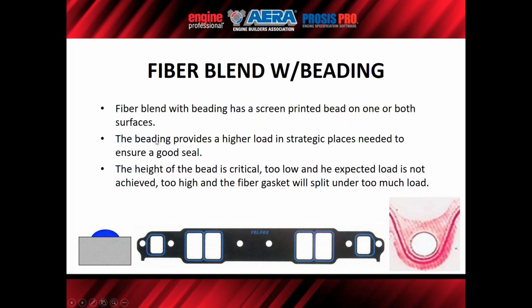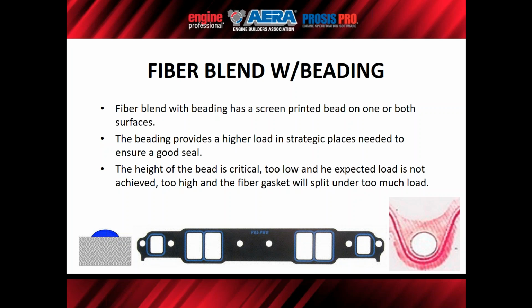So this screen printed bead, which is applied just like you would see a screen printing like a t-shirt, is applied onto the surface of the gasket, and the screen itself has different mesh sizes. So the mesh within the screen controls the amount of the beading material that's applied, and that allows for you to get a controlled height of the bead. The bead is then cured through either an oven with heat or UV, ultraviolet light.